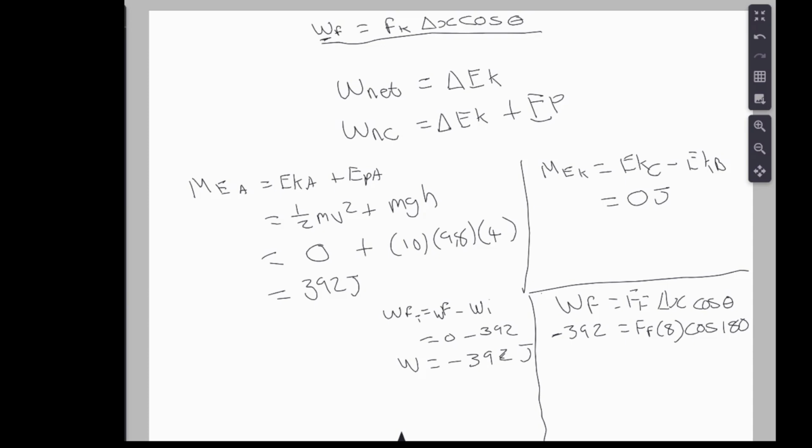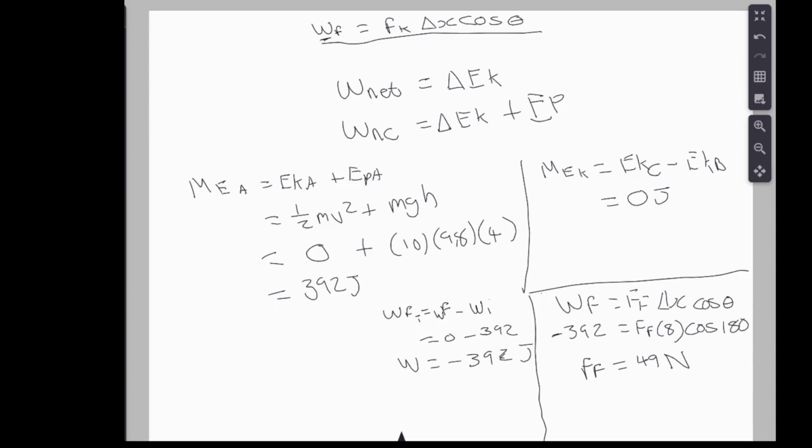In your calculator, negative 392 divided by 8 multiplied by cos of 180, and we get that the frictional force is 49 newtons.